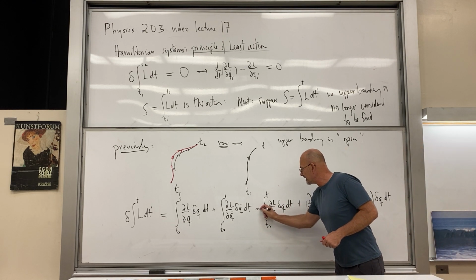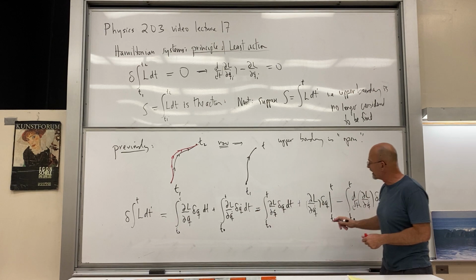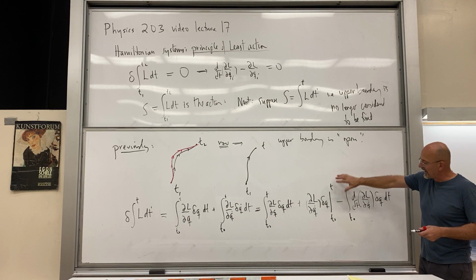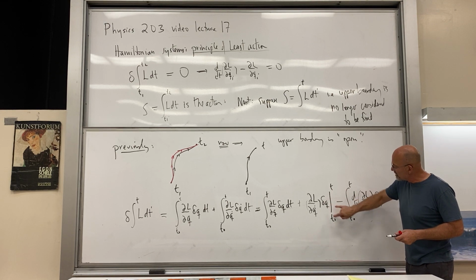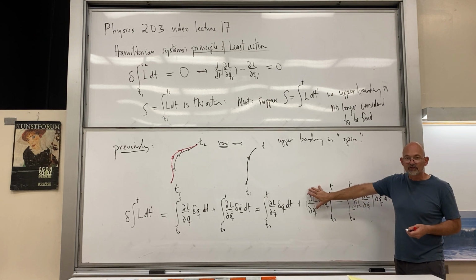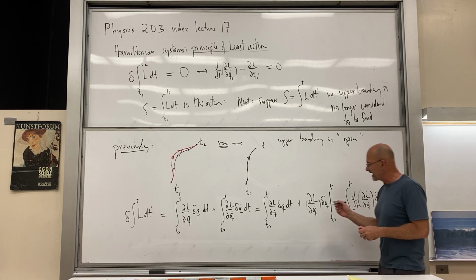Now, the first time around, since we had the fixed upper and lower bounds, we required that this δq vanish at the top and bottom, and we got rid of this term. And we retained these two. So we're going to write it this way.